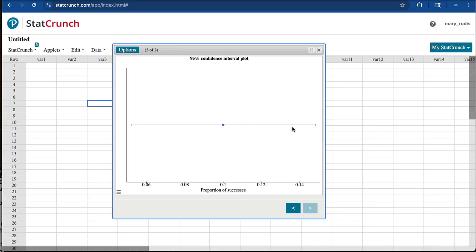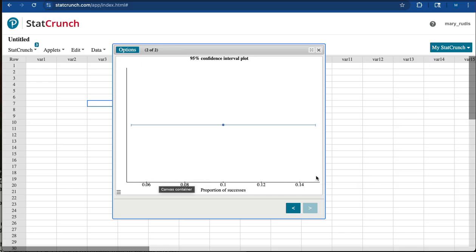And there's a pretty wide margin of error because our sample size was 150. It wasn't really big. I mean, it's decent size, but it's not huge. And the larger the sample size, the closer that you can get with this confidence interval.